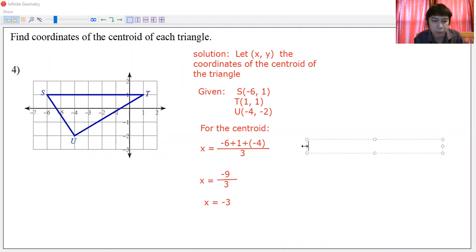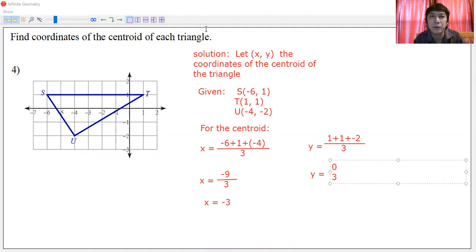Continue with the y computation. Okay, so we'll be having y is equal to, let's get the y values now. 1, 1, -2. So this will be 1 plus 1 plus -2 divided by 3. And that looks like 0/3. Okay, so we have a 0 for the total. We have here a 0 divided by 3.